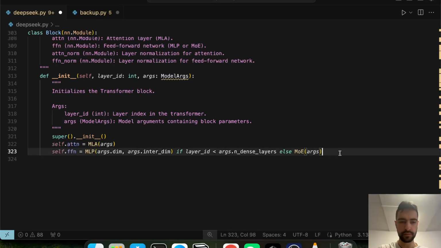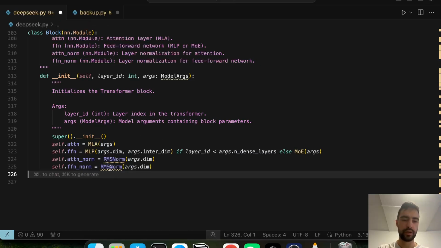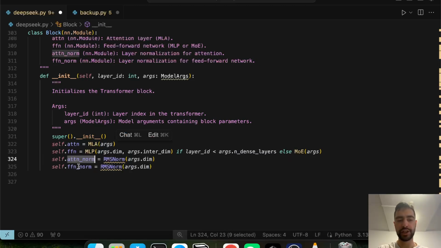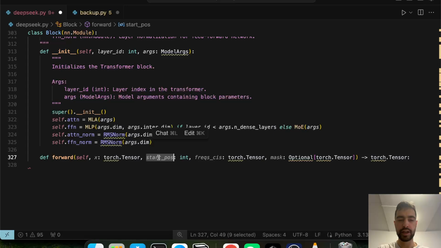Then we just define normalization. This is attention normalization and FFN normalization, and then the forward pass. X is the input tensor. Start position, this is the start position for the key value cache for our MLA, where to store the keys and values and where to read them from.